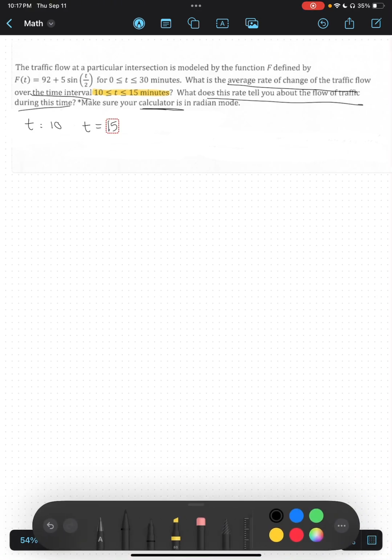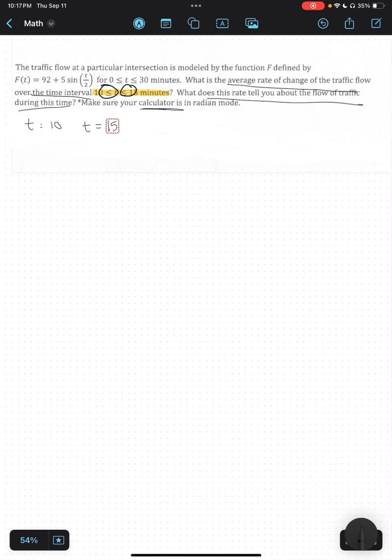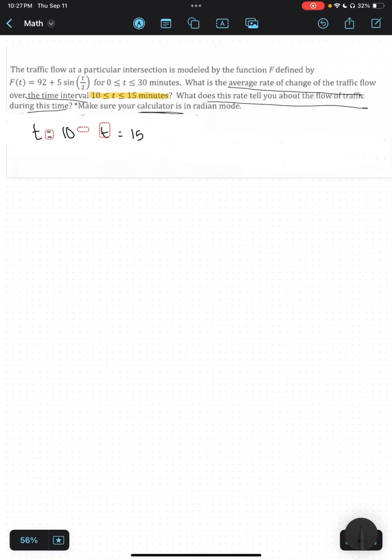And we know we can use those because our signs are less than or equal to. If they weren't, we'd have to choose a number greater than 10 and a number less than 15. And obviously they can't be the same number. All right, so now what we have to do is plug in our numbers.